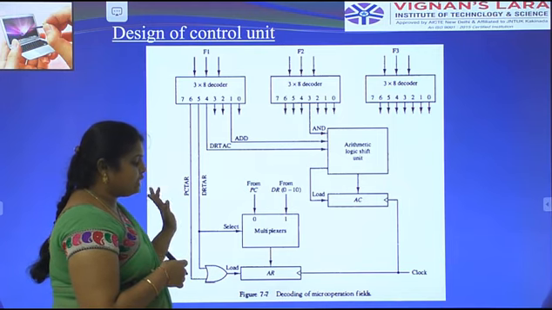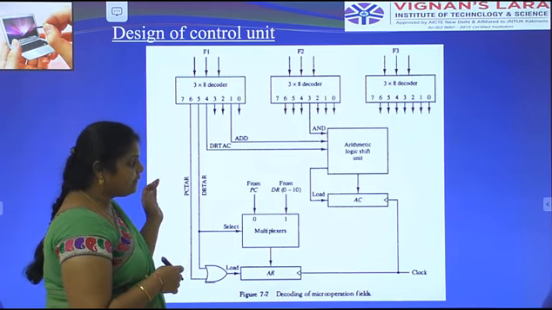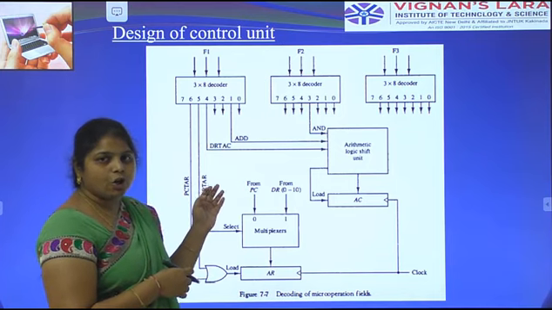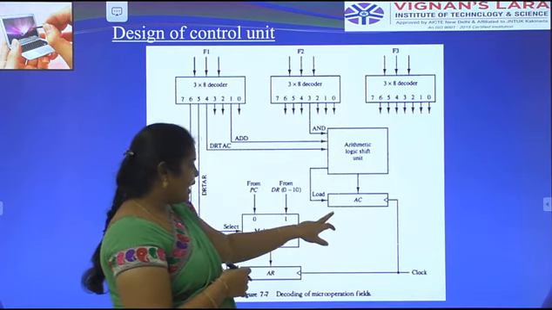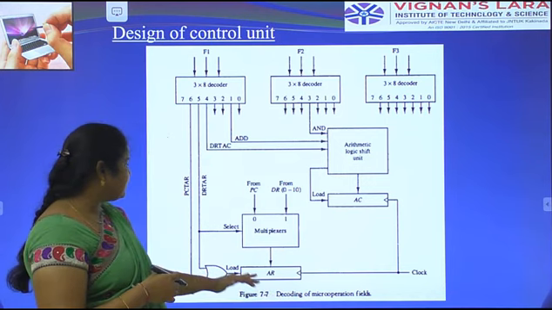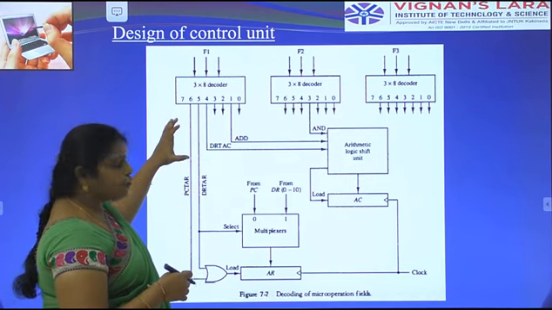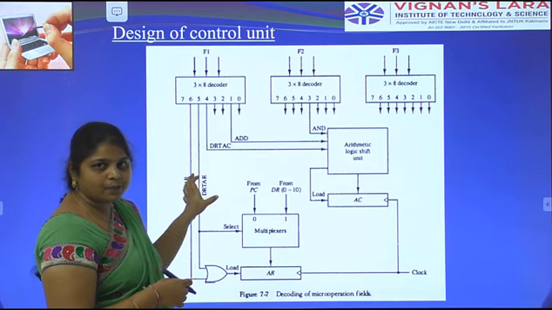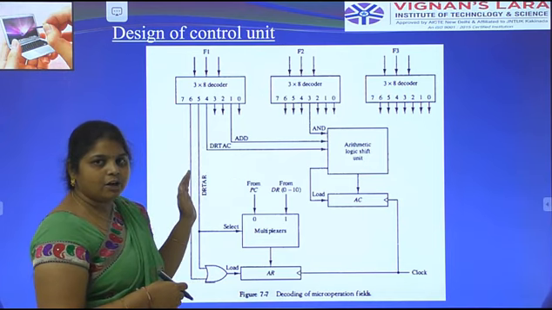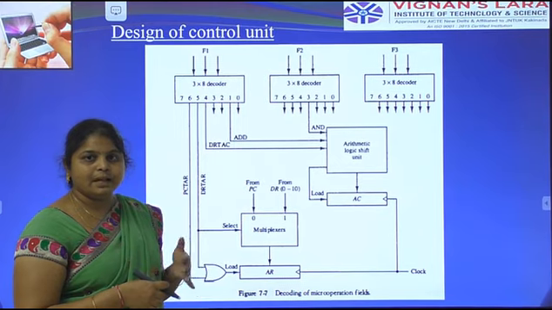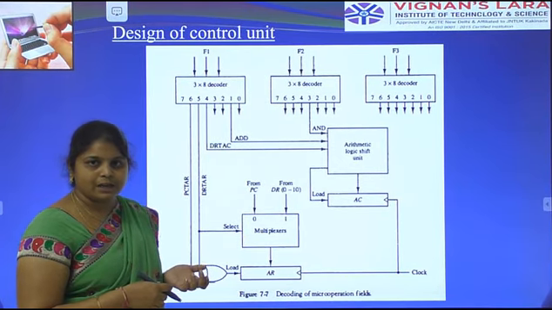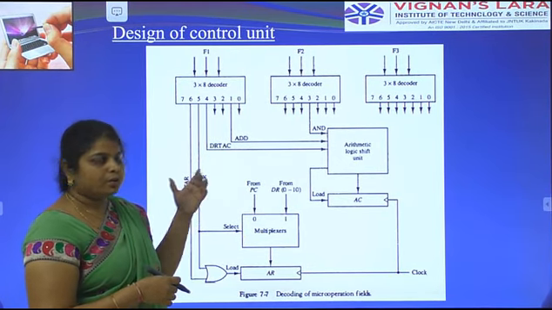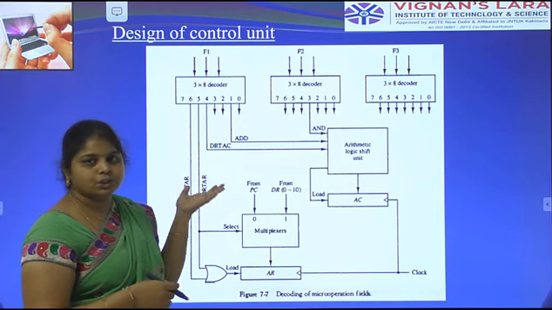This diagram is known as decoding of micro operation fields, and it contains the arithmetic logic shift unit, the accumulator, multiplexer and address register. Here F1, F2 and F3 have a total of 20 output lines. All 20 output lines can be utilized for the internal parts of the computer. We just have to view which input lines and which output lines perform these operations.